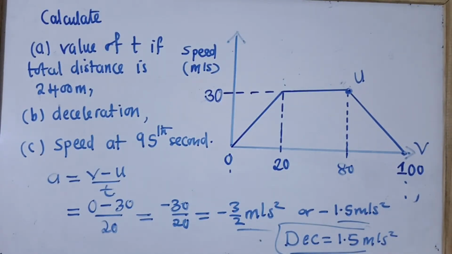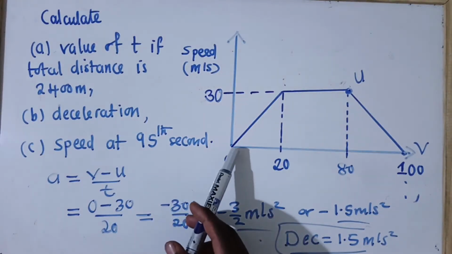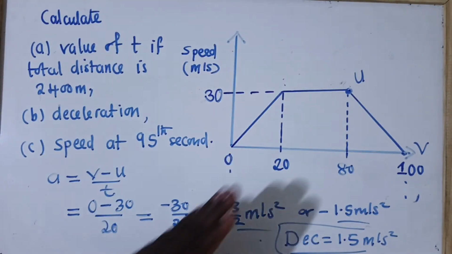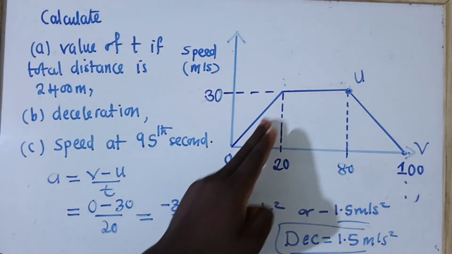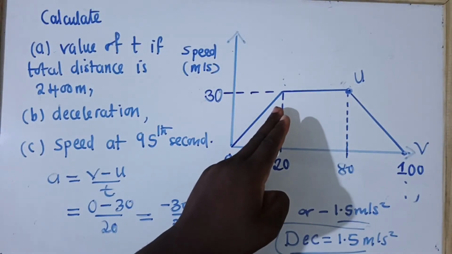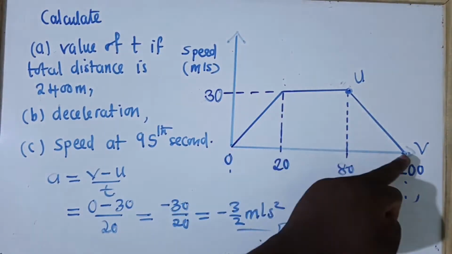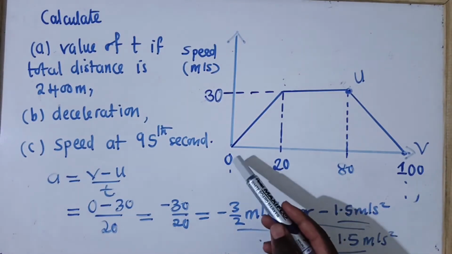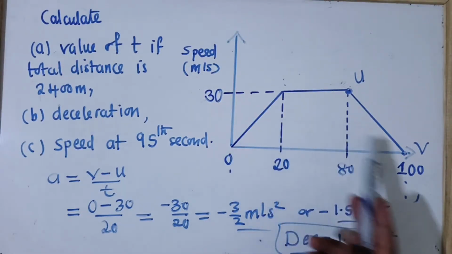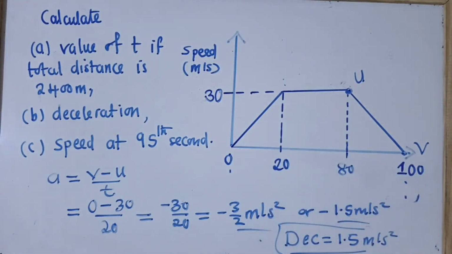Now, sir, what is the difference between acceleration and deceleration? So the difference is that acceleration is slant up. So can you see this side? It's going slant up like this. This is acceleration. Deceleration is going down. That's why I said acceleration and deceleration are opposite of each other. One of them goes up, the other one goes down, just like that.